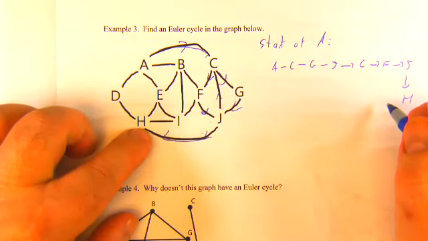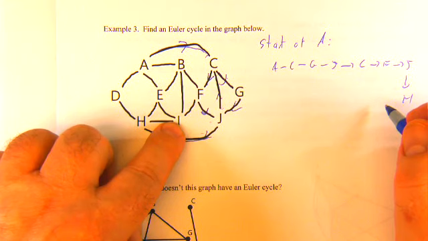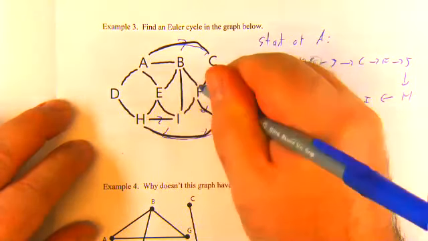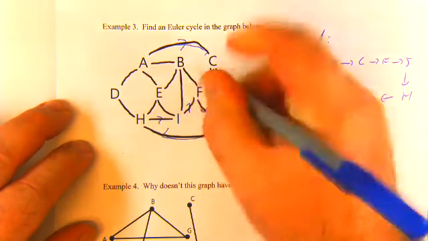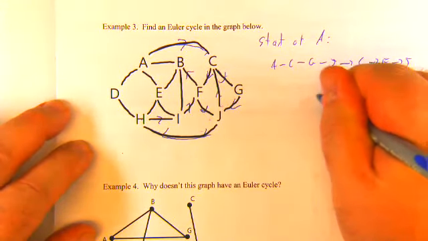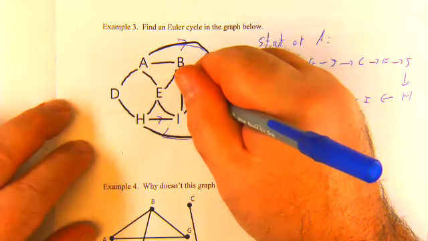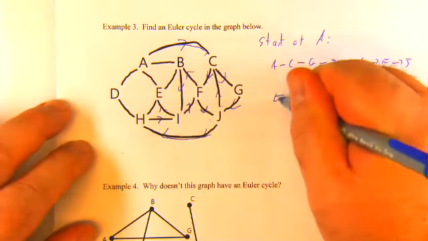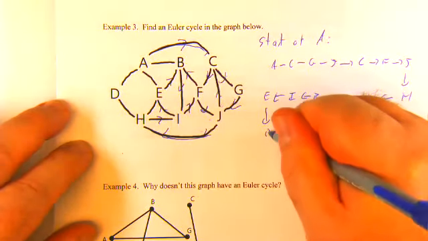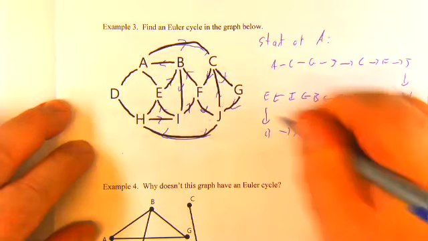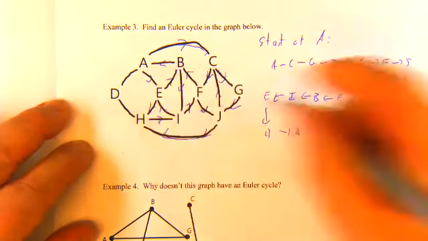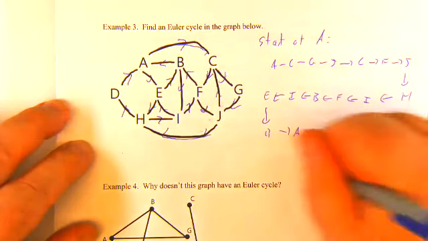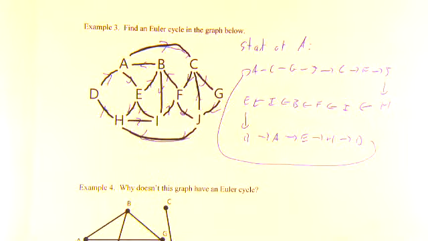So H takes us to I. We can go F, B, and then B down to I up to E up to B out to A down to E down to H, and then finally H to D, and then that takes us back to A. And so that's a whole Euler cycle.